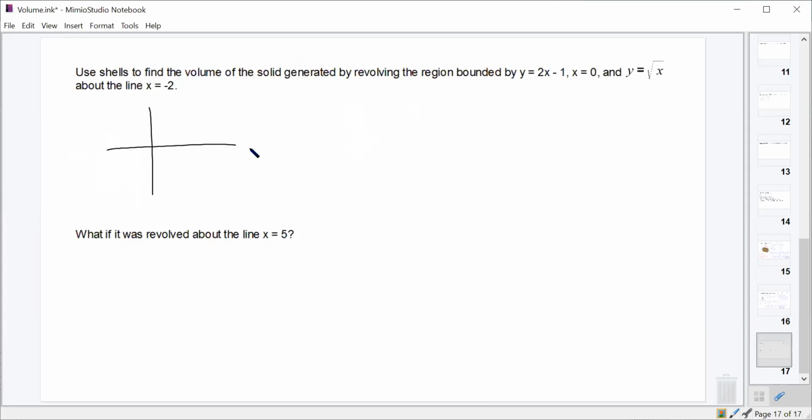Here is root x. 2x minus 1 is below that, and we're also bounded by x equals 0. So we're looking at this region right here. And we're going to revolve around the line x equals -2.